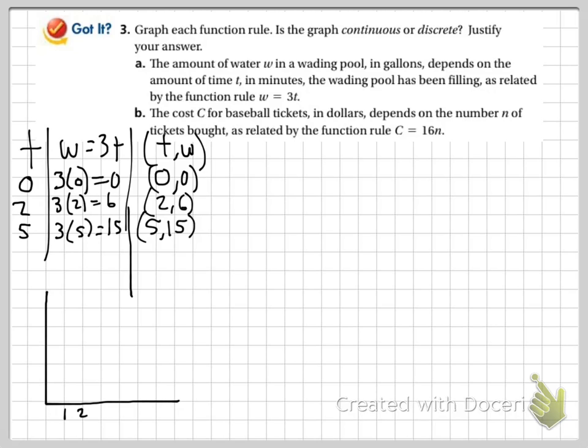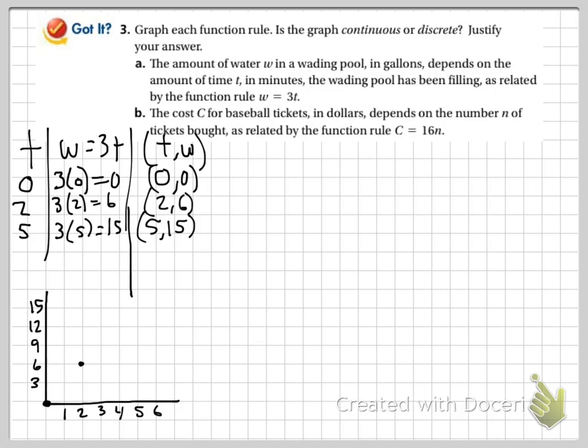So 1, 2, 3, 4, 5, 6. I need to go up to 15, so let's go up by 3s. 3, 6, 9, 12, 15. Hey, perfect fit. Okay, so I've got a point at 0, 0. That's right there. I've got a point at 2, 6.